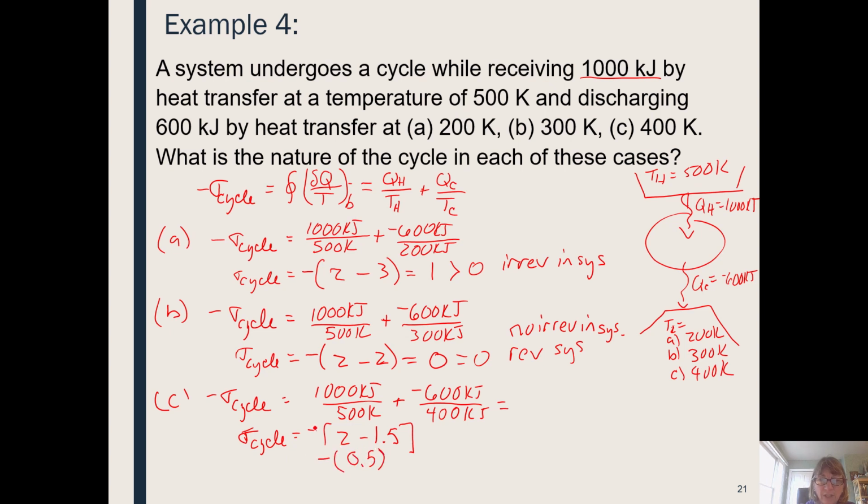But there's that negative sign here. And so since this is less than 0, this is impossible. Our cycle will not work. Our power cycle is not going to work because we can't have a Clausius inequality be negative. It cannot be negative.